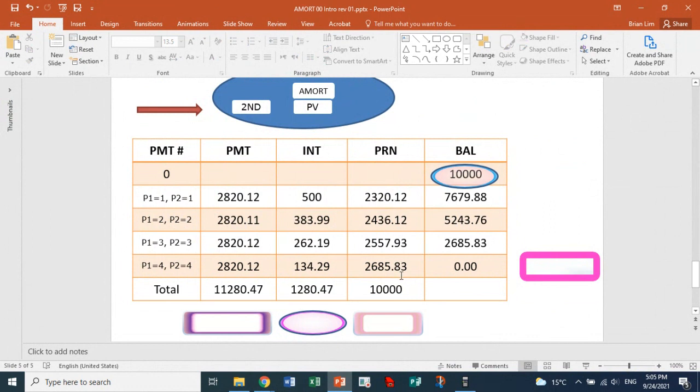You're paying more on the principal and less in interest, and that's what happens to loans. You're paying the same amount, but more on the principal and less in interest as the loan is being paid off.